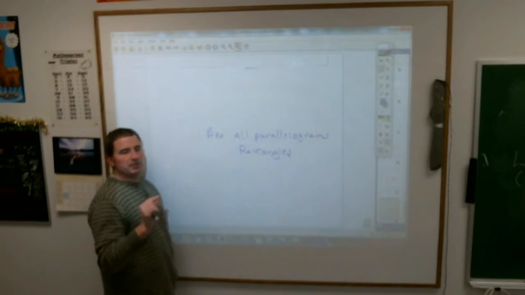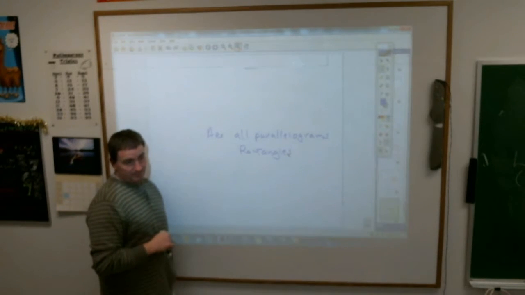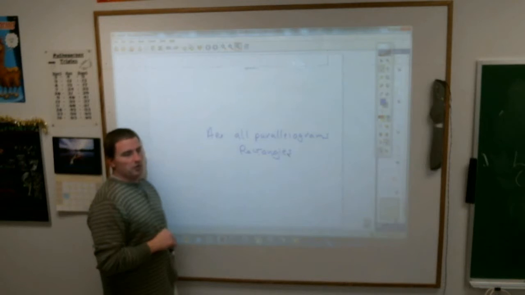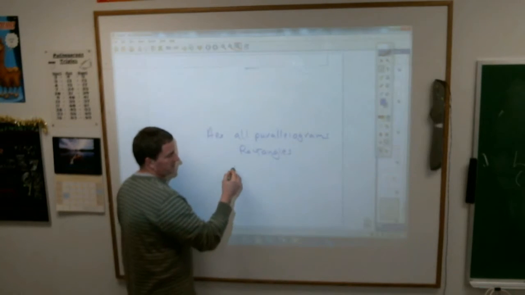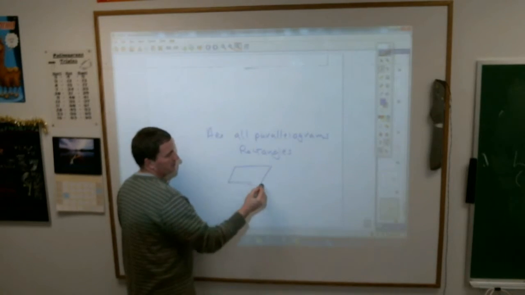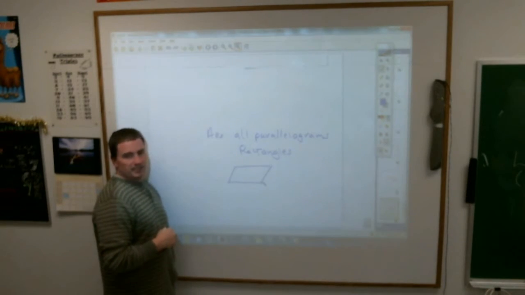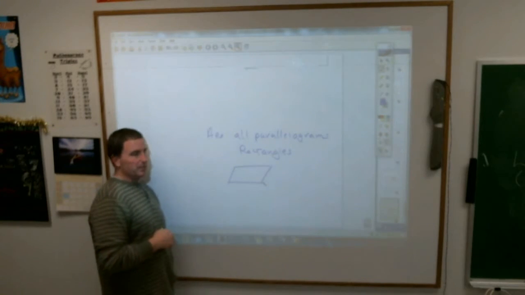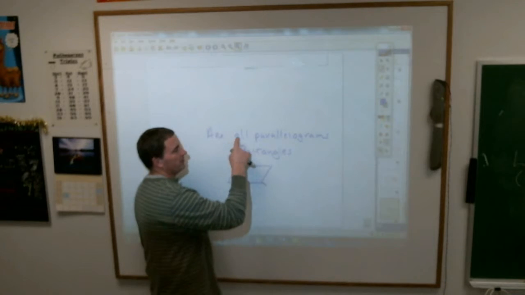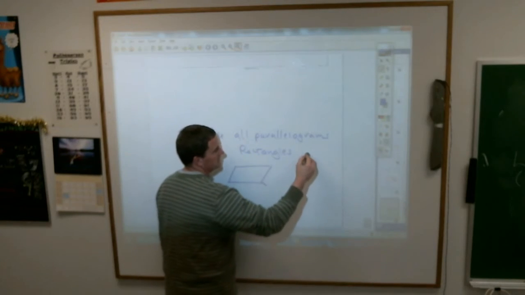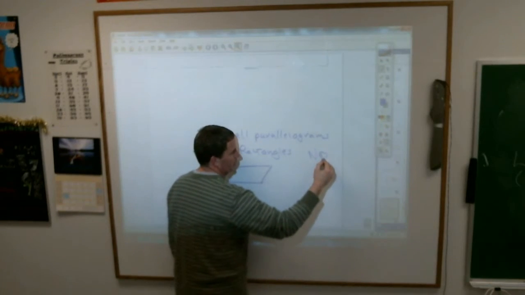Can you draw me a parallelogram that's not a rectangle? Alex says no, to which I would say, Alex, is this not a parallelogram? Yes. Is it a rectangle? No, because a rectangle has to have four right angles. So the answer to this, are all parallelograms rectangles? The answer is absolutely positively no.